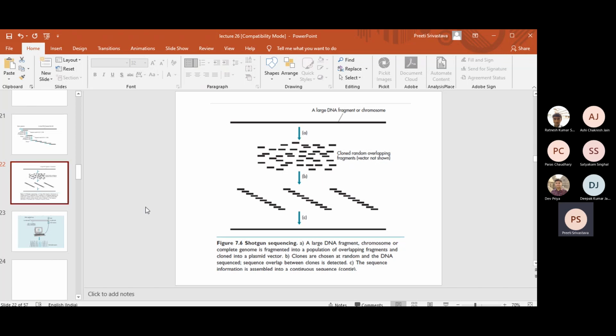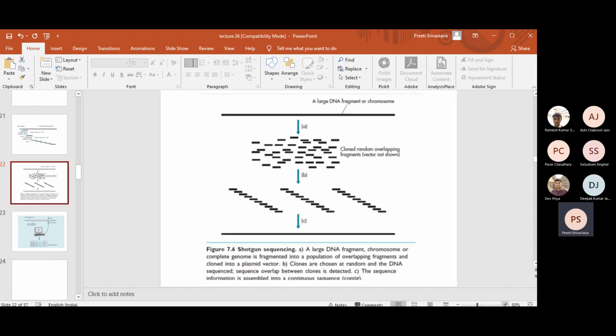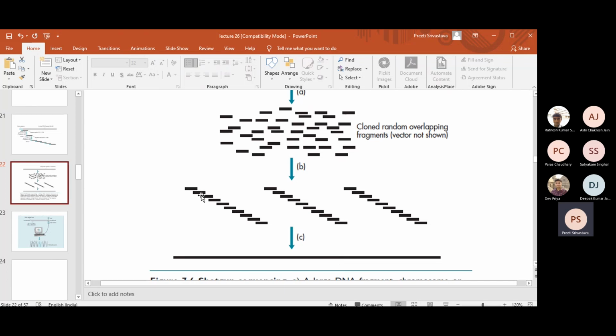You get multiple sequences, and then you align these sequences based upon the overlap. So you have multiple such sequences, and based upon the overlap you start aligning them and regenerate the sequence. Is it clear? Yes, ma'am.